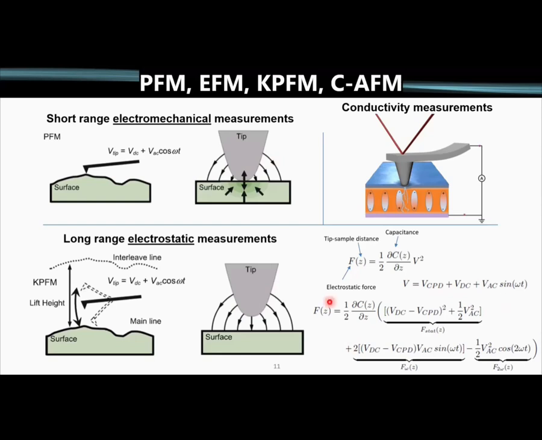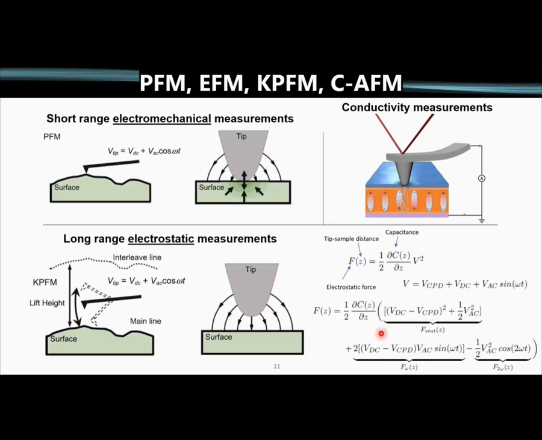If you expand this force by plugging in this voltage, you can see that you have several different components to the force. Normally what you do with Kelvin probe force microscopy is you look at this term using a lock-in amplifier and you try to minimize it. If you find the DC bias that is equal to the contact potential difference, this term is minimized.